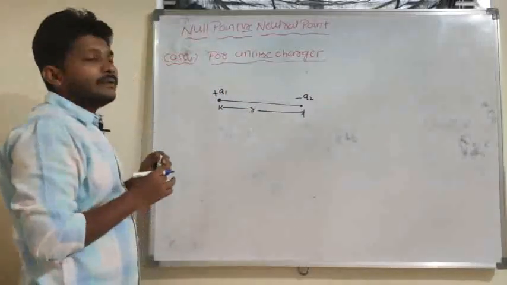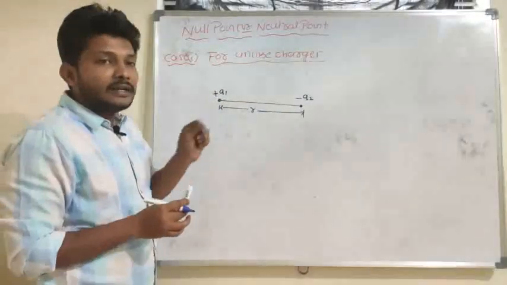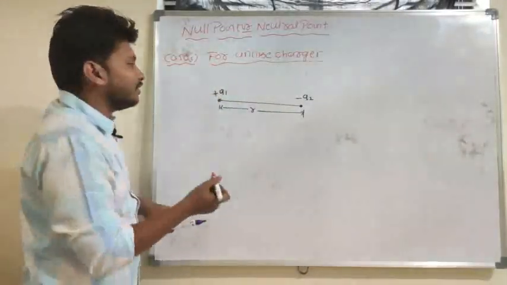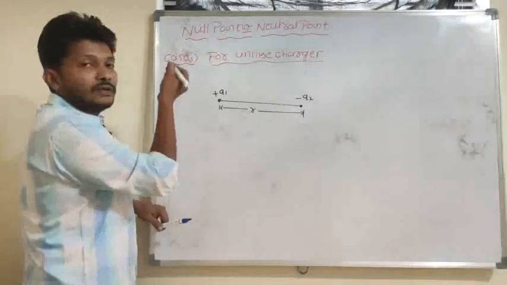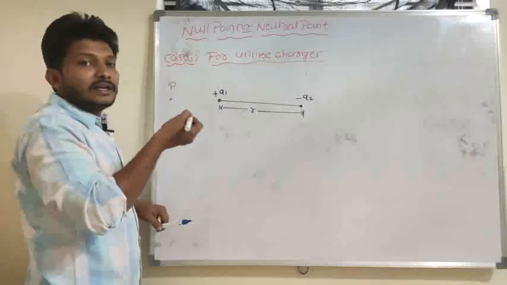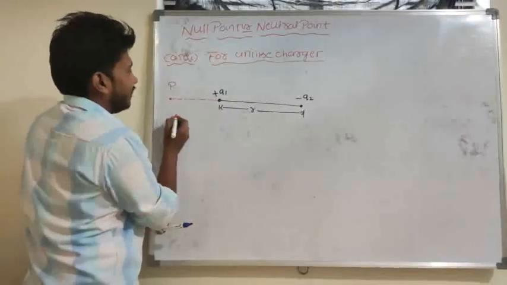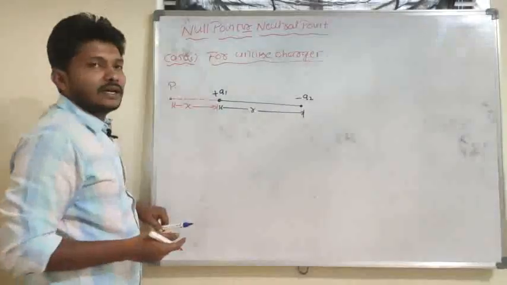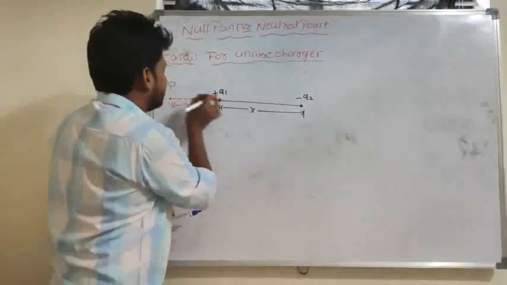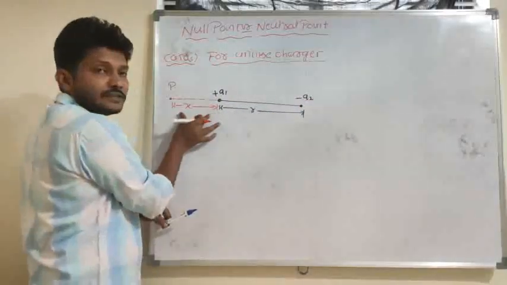I said that for dissimilar charges, the resultant electric field is zero outside the charges. For example, somewhere at this point the resultant electric field is 0. This point is at a distance x from the first charge. Then what about the distance from the second charge? This distance is r, this distance is x.